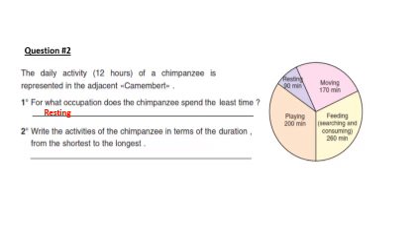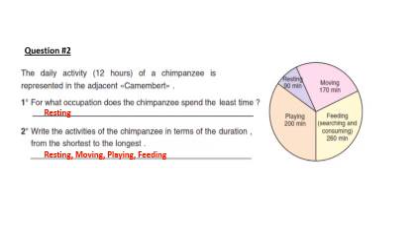In question number 2, we need to write the activities in terms of duration from the shortest time to the longest time. So the shortest is resting 90 minutes, moving 170 minutes, playing 200 minutes, and feeding 260 minutes.